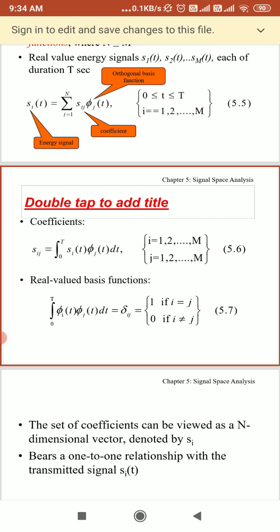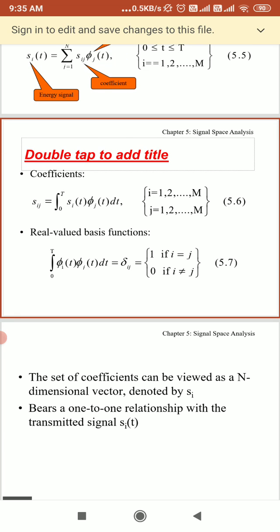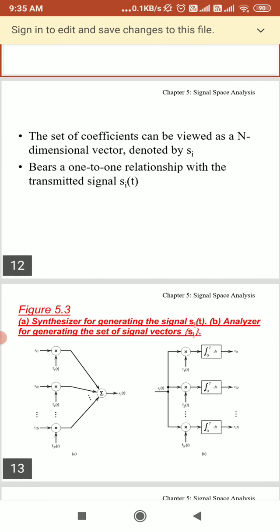The integration from 0 to T of phi i of t phi j of t dt is equal to delta ij, that is equal to 1 if i equal to j, and equal to 0 if i is not equal to j. So each basis function has unit energy over the symbol duration T. If the basis functions are known and the scalars are also given, we can generate the energy signals. We will see that in the following diagram.